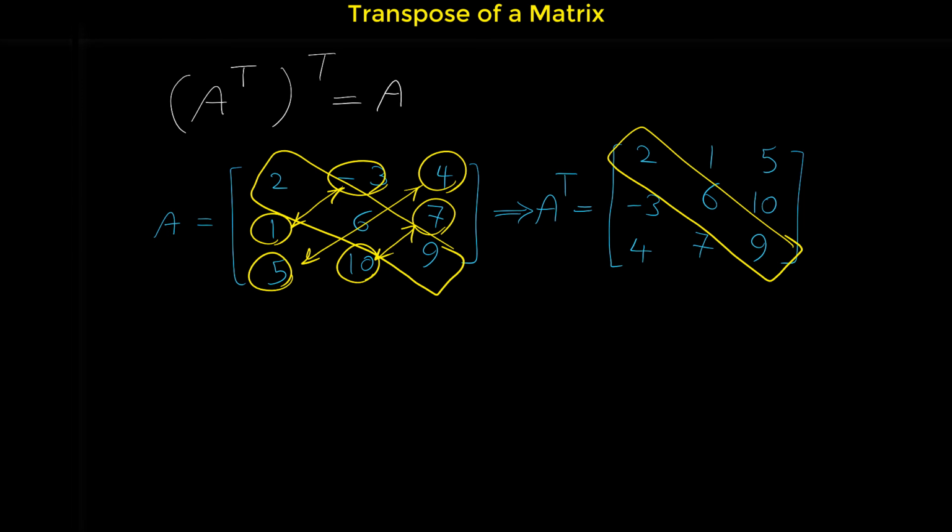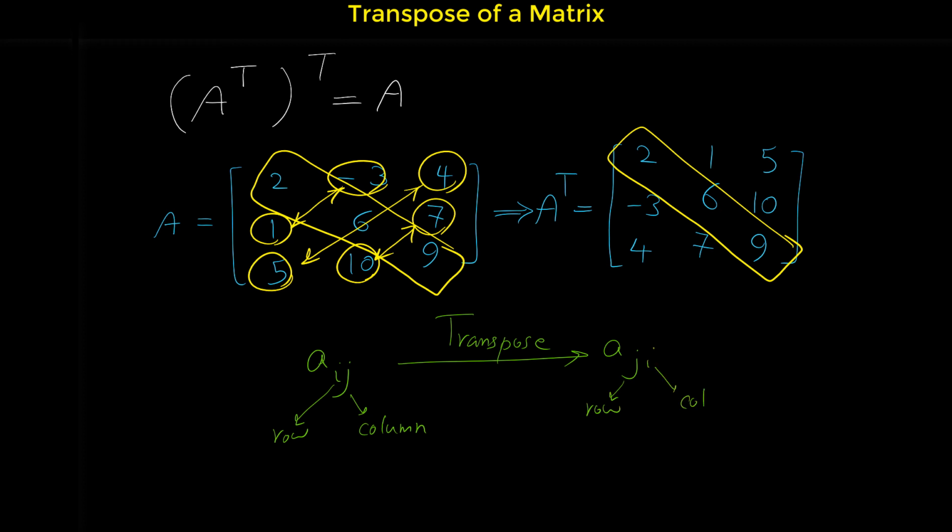And in general, attention, when we transpose a matrix, if we have an element in the original matrix in the ith row, because i shows the row number and j shows the column number of an element, when we transpose, what happens is that j becomes the row number and i becomes the column number of that element.